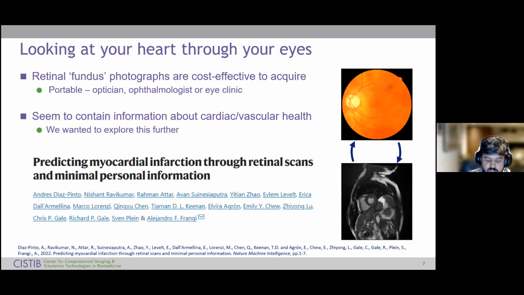So the key here was, can we build a model that, when being learned, utilizes all of these sources of information to learn some hidden representation about how susceptible they are to disease, such that when it's actually applied in a complete test setting, it only requires the patient's retinal images and some minimal personal information, such as their age and gender.